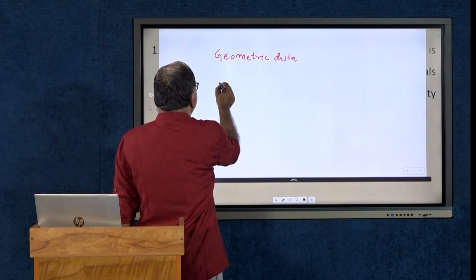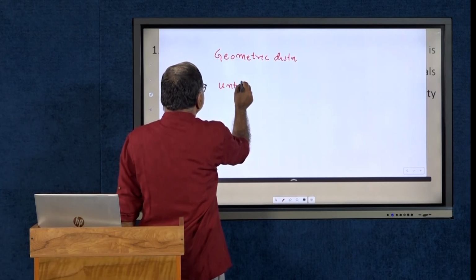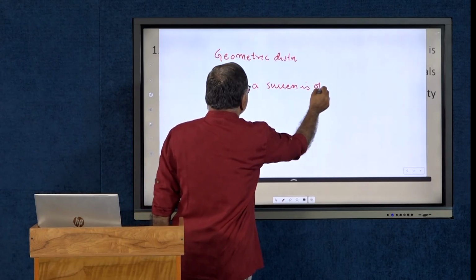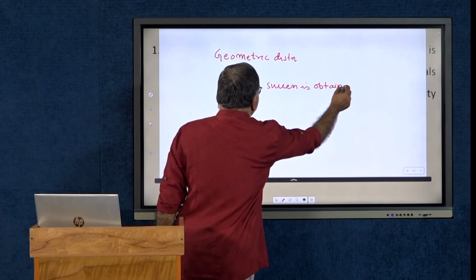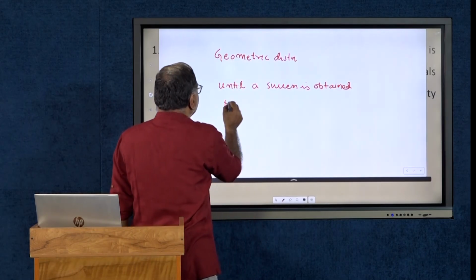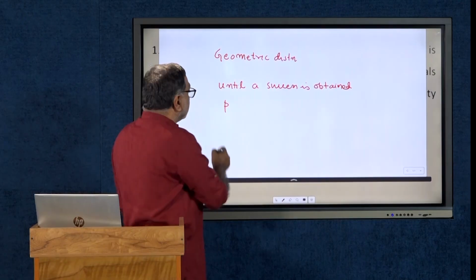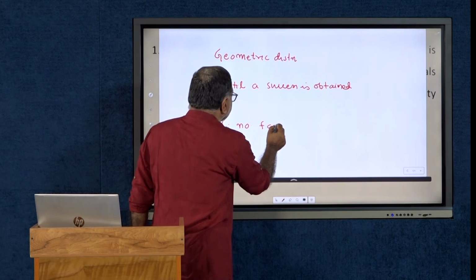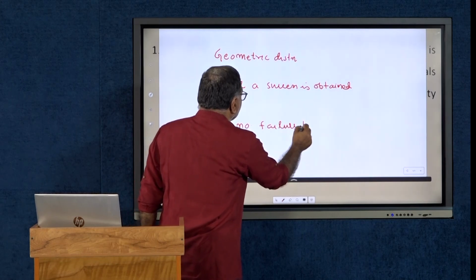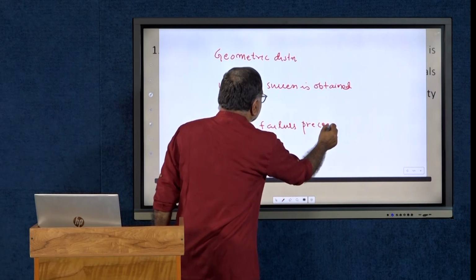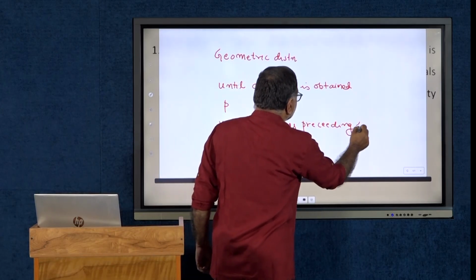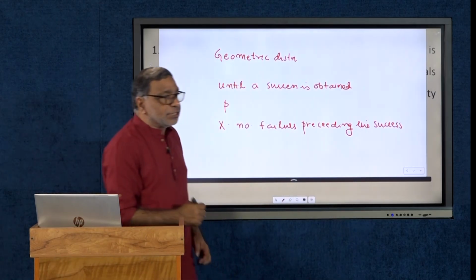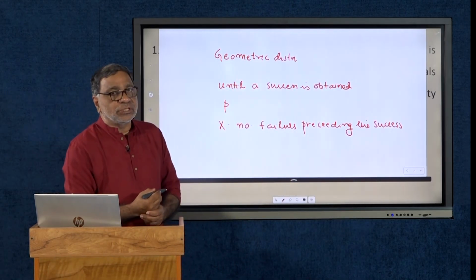Bernoulli trials are performed until a success is obtained, with a probability of success p, and we defined x as the number of failures preceding the first success. So, this was the definition we gave while defining geometric distribution.